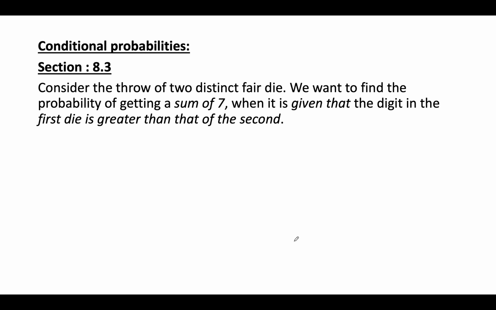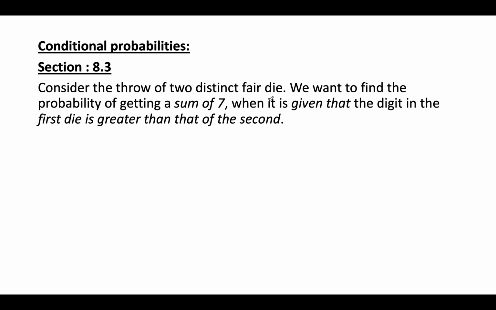Right. Now let's move to the second subtopic of our session, which is conditional probabilities. In order to understand conditional probabilities, let's solve this problem, then we will define what we mean by conditional probabilities. Consider the throw of two distinct fair dice.